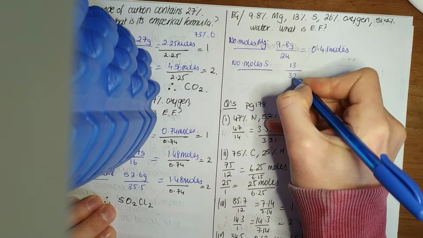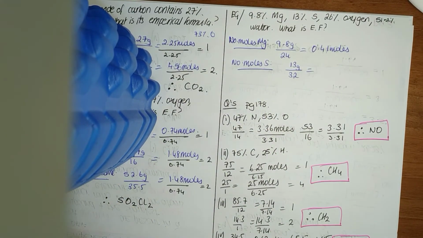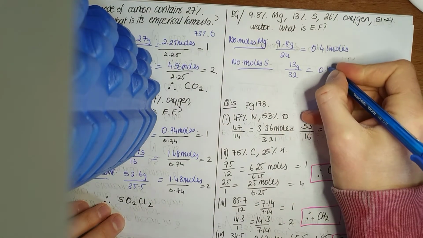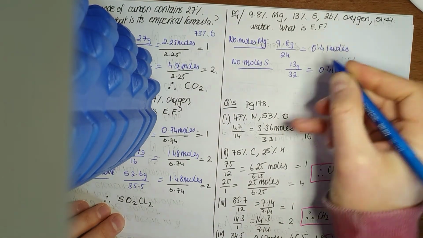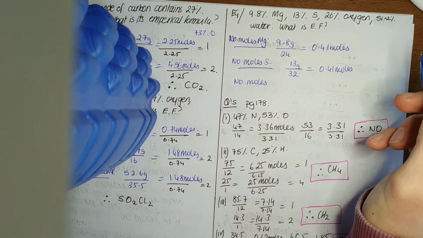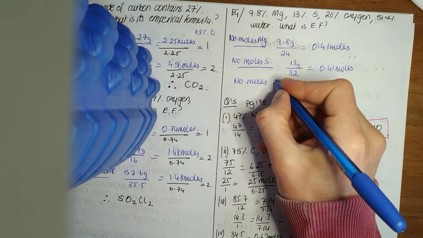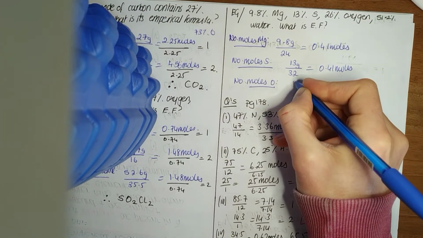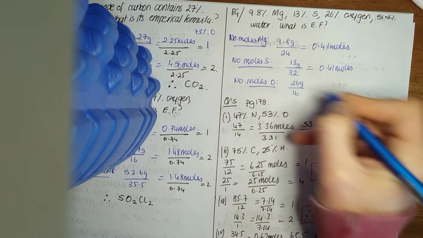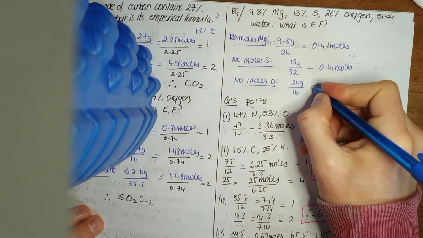Divide that by 32. 0.41 again. And then the number of moles of oxygen. Oh, this is water, so it's a hydrated substance. Number of moles of oxygen, 26 grams. Divide that by 16. 1.625.